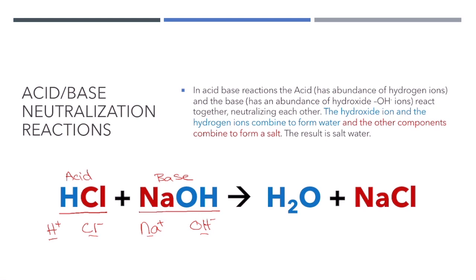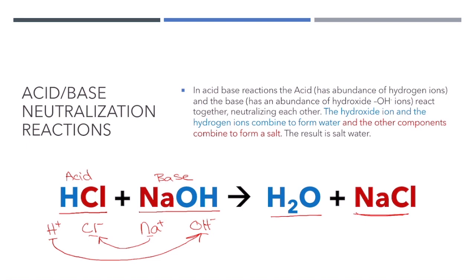What happens in an acid-base neutralization reaction is that these hydrogen ions are going to come over here and react with the hydroxide ions, and they will form water, H2O. And then sodium and chloride ions are going to come together and form an ionic compound. In this case, it happens to be table salt, sodium chloride.